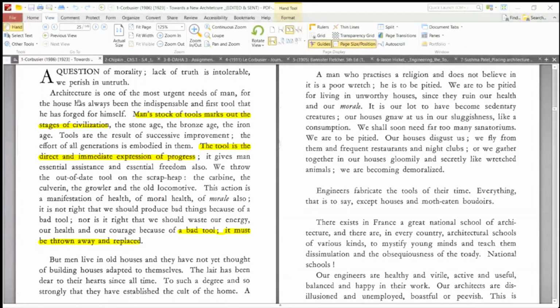This is a very particular modernistic approach, right? That it is industrial technology that defines whether a civilization is advanced or not.